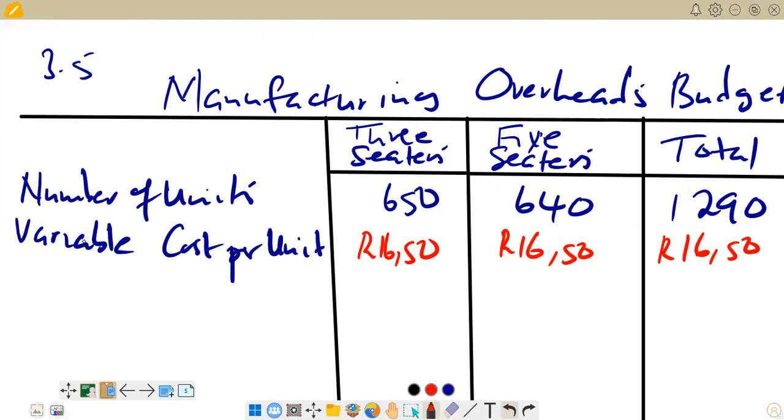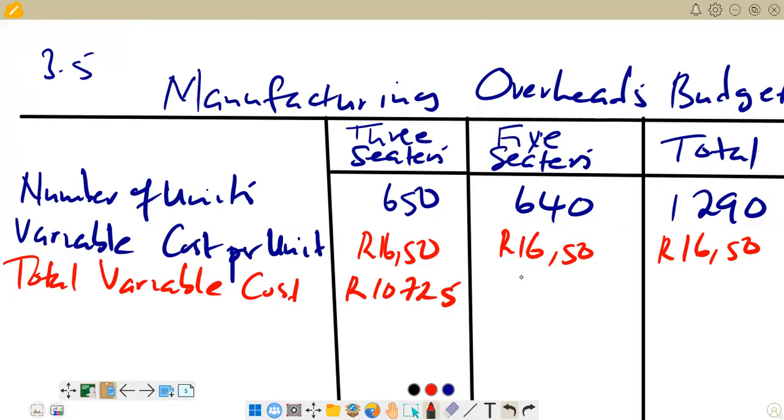So having written that one, we now need the total variable cost now. Total variable cost. So on the total variable cost now, we are multiplying 650 times 1650 to get the total variable cost. We do that, we get 10,725.